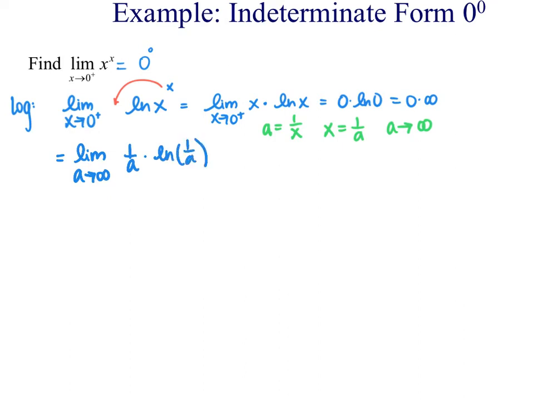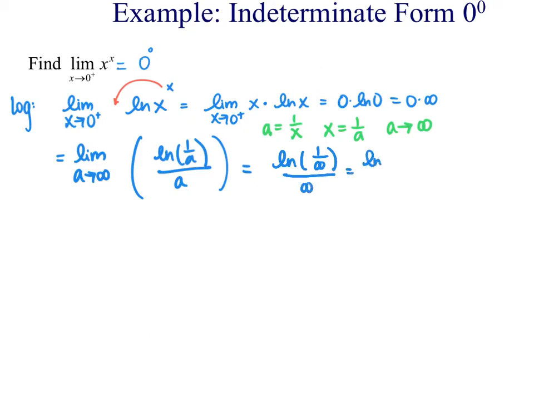And the advantage of writing it that way is that I can take this fraction and write it as a denominator instead. And so I could put this over a and get rid of that so that I have it in quotient form. And this quotient form will give me the natural log of 1 over infinity over infinity.